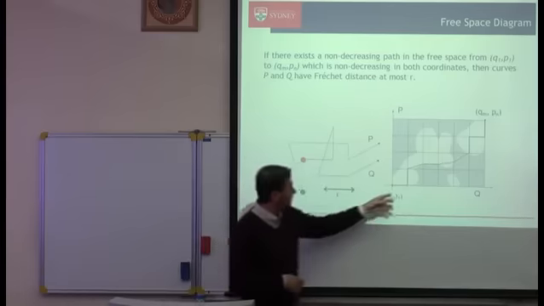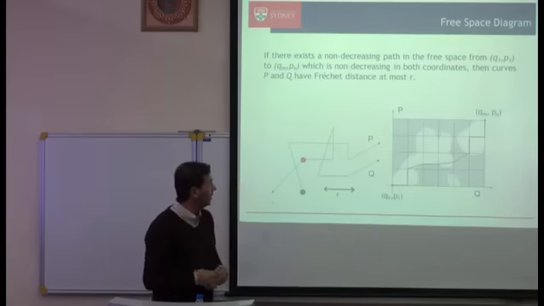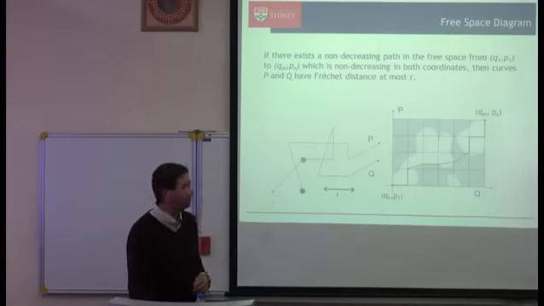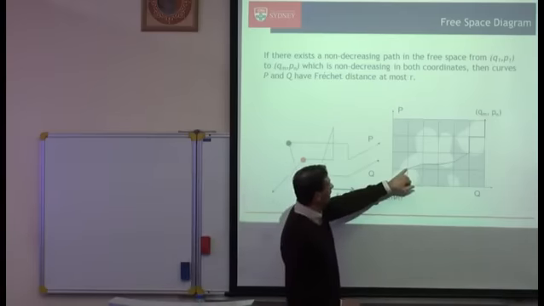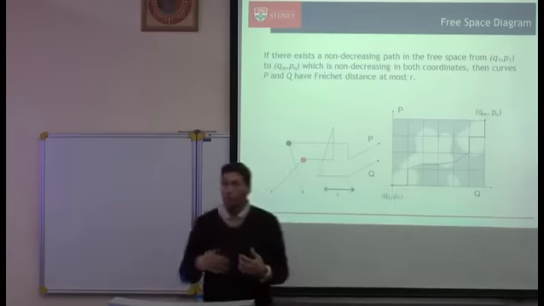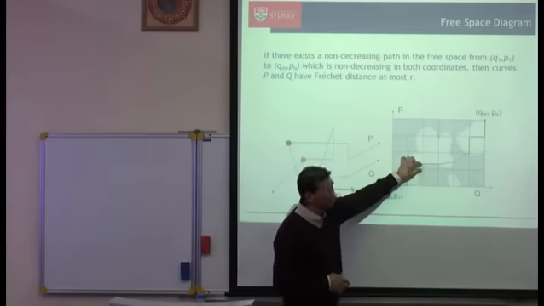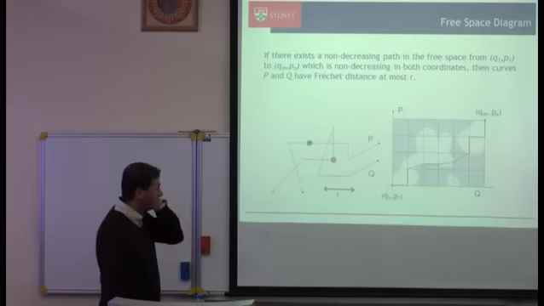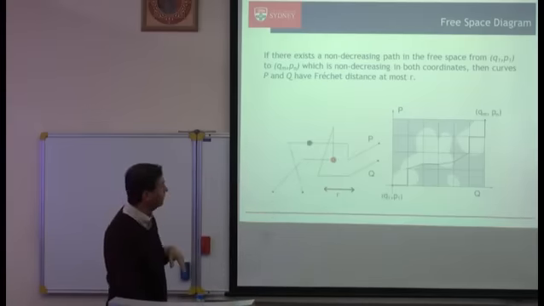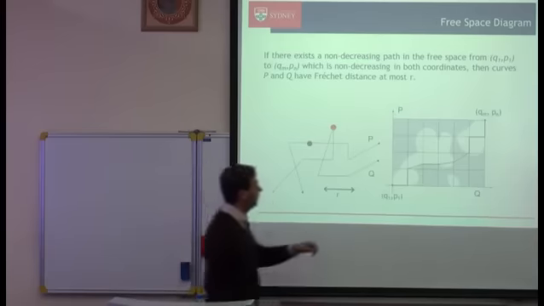Then the second segment is vertical, so I'll do the opposite. I'll move along P, but I'll stay put at Q. Okay, so now I'm here. And in the third segment, I move both of them. I move one whole segment along Q, but I only move a little bit on P. So it will look something like this. And then I have a horizontal segment, so I will move only on Q while I stay put on P. Now I'm here.